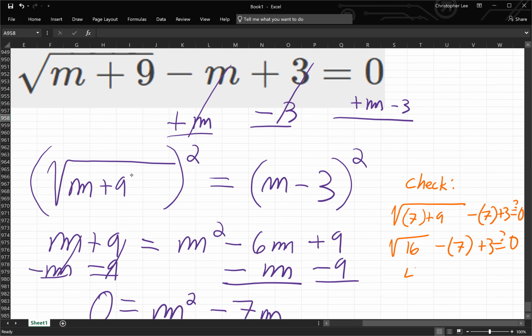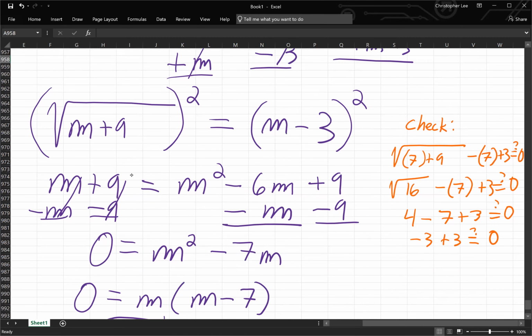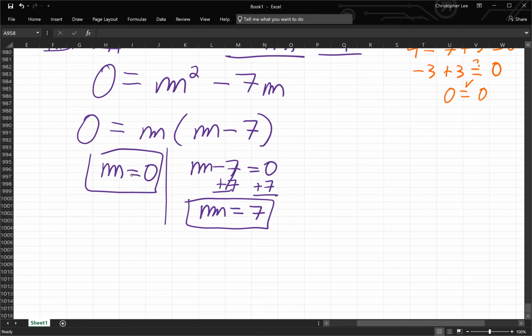Square root of 16, I think, is 4. So 4 minus 7 plus 3. Allegedly, that's 0. Let's see. So that's like negative 3 plus 3. Might be 0. And in fact, the 0 does equal 0, so we're good to go. So that's a legitimate answer, 7.